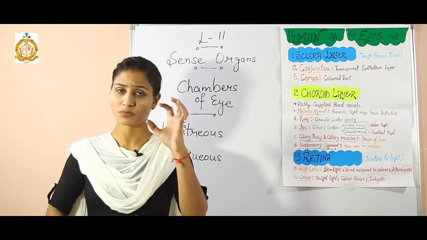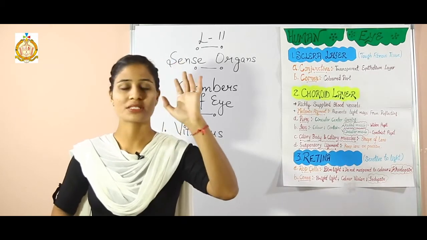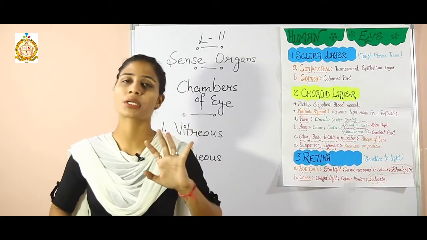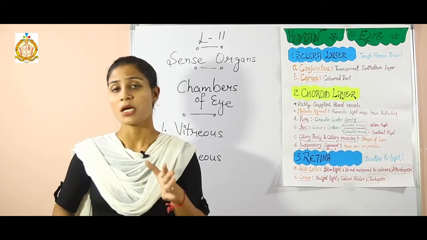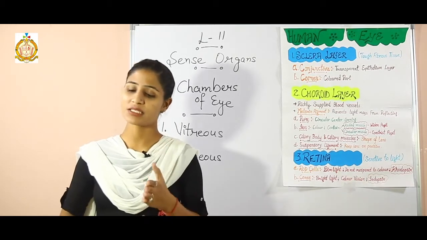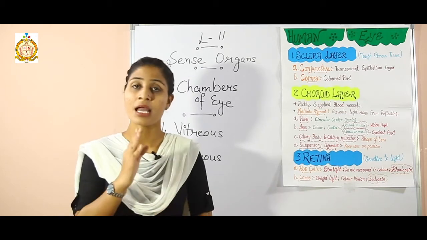Next, we are going to discuss far sightedness or long sightedness, or hyperopia. Hyperopia is a defect of the eye in which far objects are clear to the person, but the nearest objects are not clear. They are not able to see the nearest objects properly. So in this defect, which lens do we use for the correction? We use the convex lens.